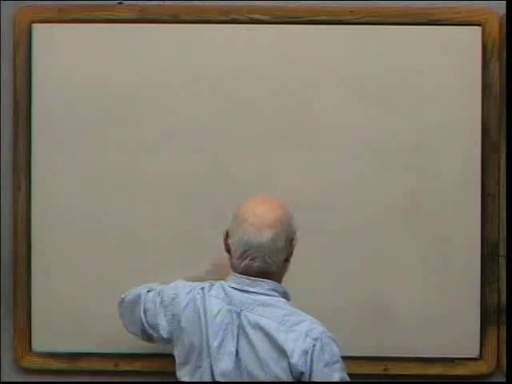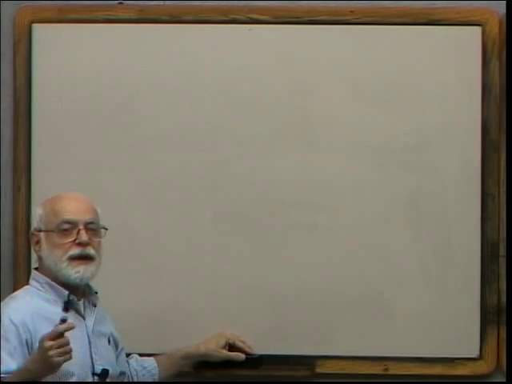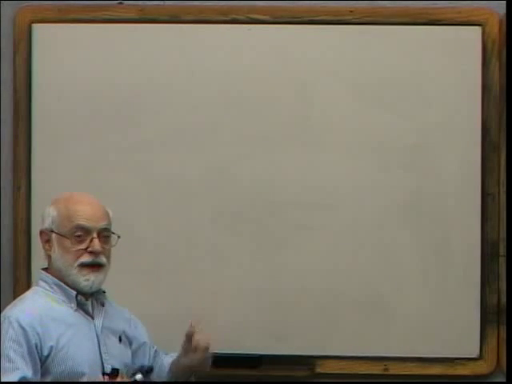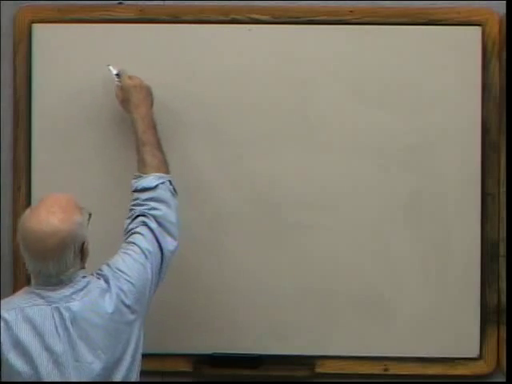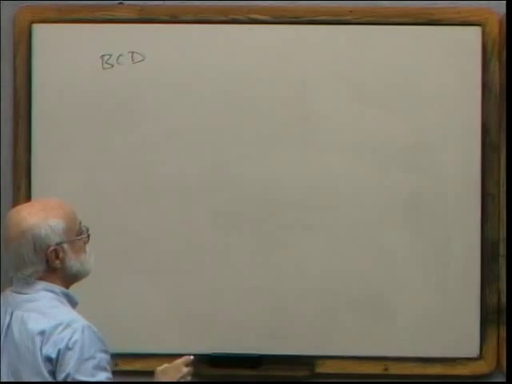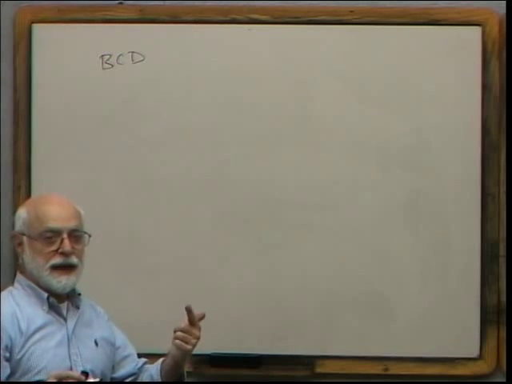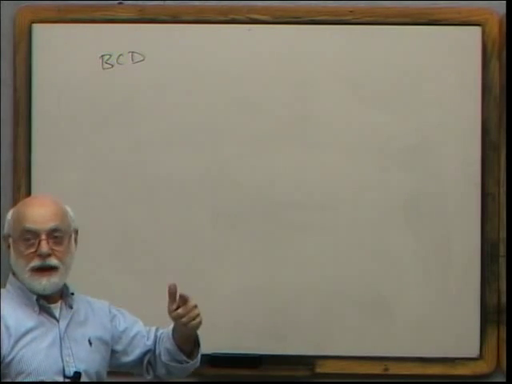So now I'm doing the analog of the Erlang delay model, but with a finite number of sources. So I'll say blocked customers delayed. This is the analog of the Erlang delay model. The model we just looked at was the analog of the Erlang B model. This is the analog of the Erlang C model.